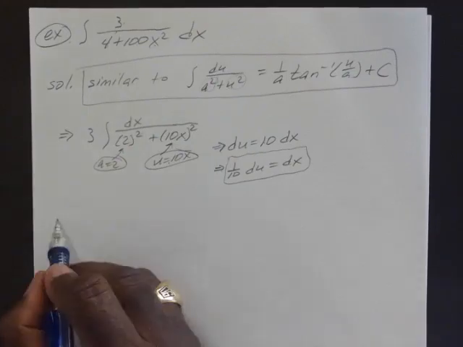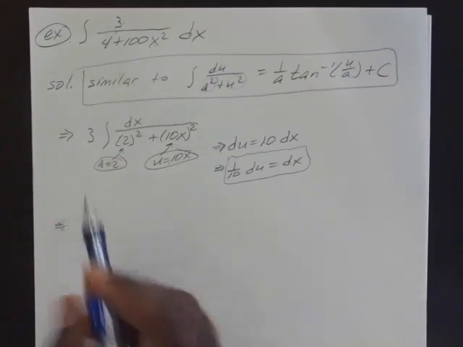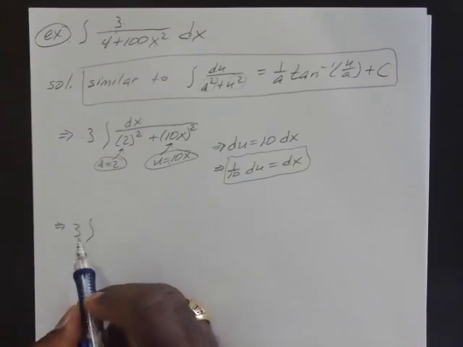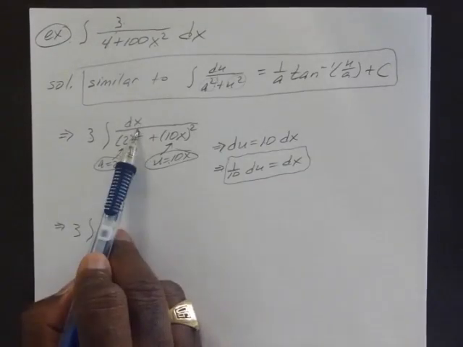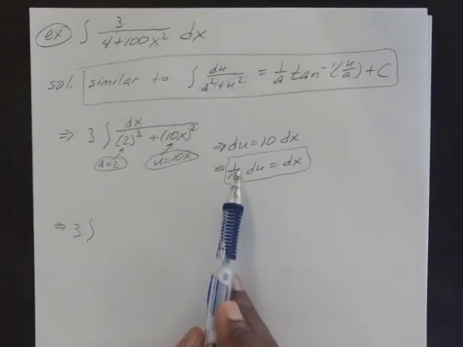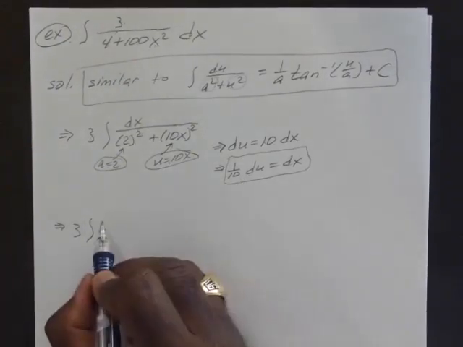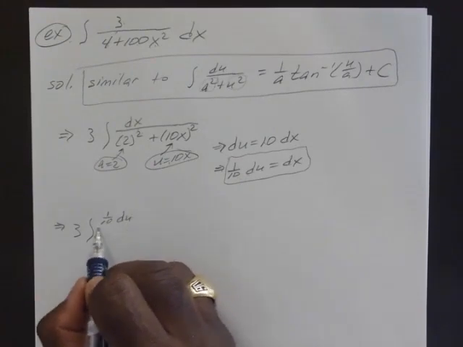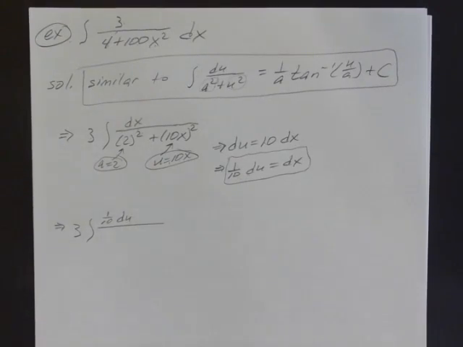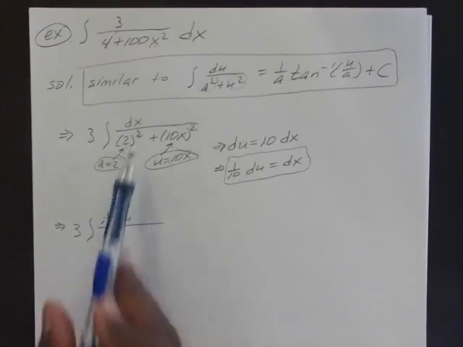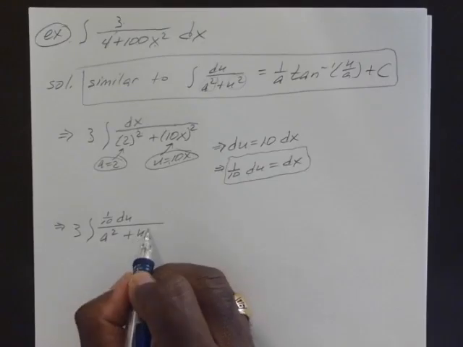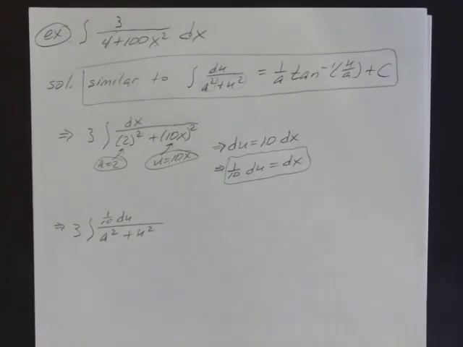Okay, so now we're going to bring down the 3 times the integral. That dx, we're going to replace it with 1 over 10 du. So we have 1 over 10 du divided by that 2 squared. We know that's our a squared plus u squared.